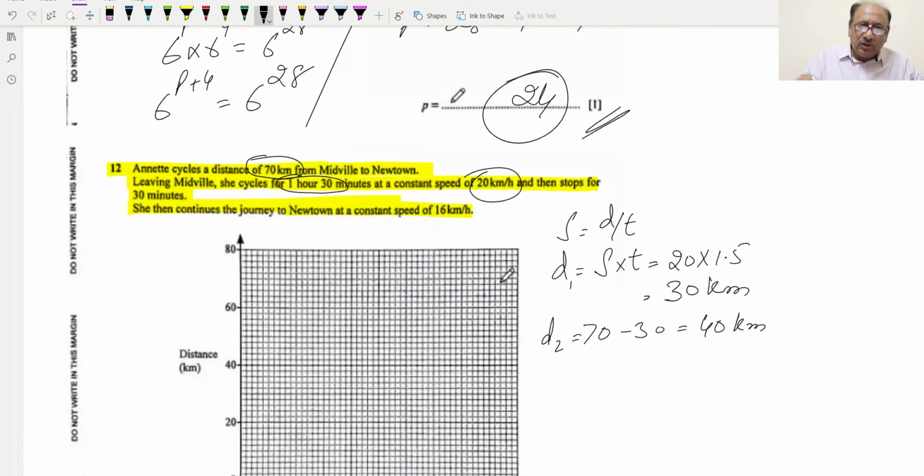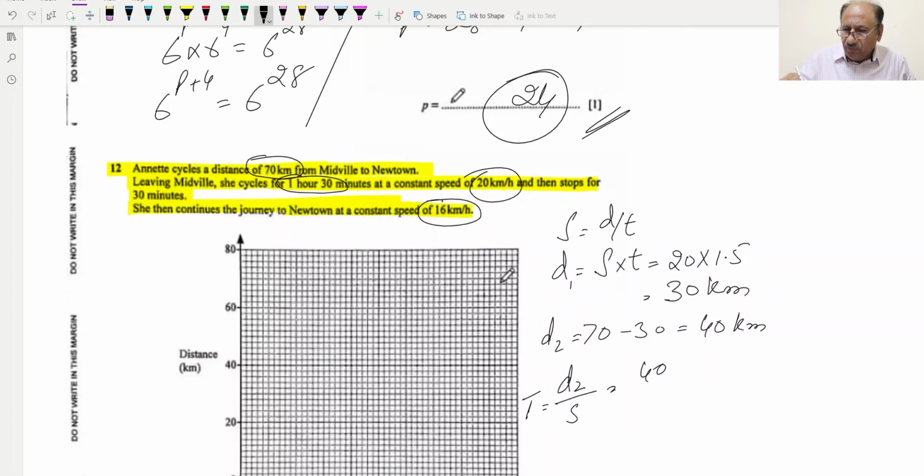Now to cover this distance, it is covered at the speed of 16 kilometer per hour. So d2 over speed, basically distance over speed, will be time, so time will be equal to this.